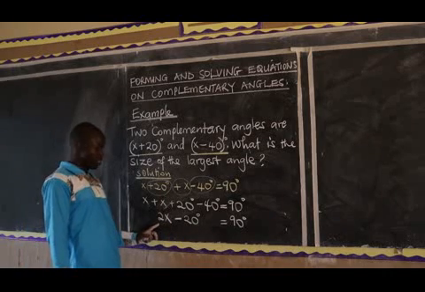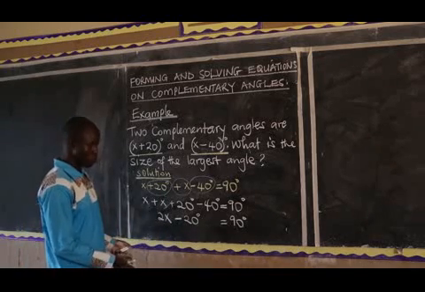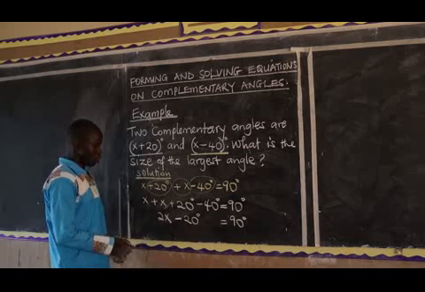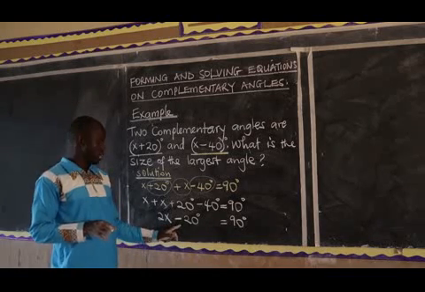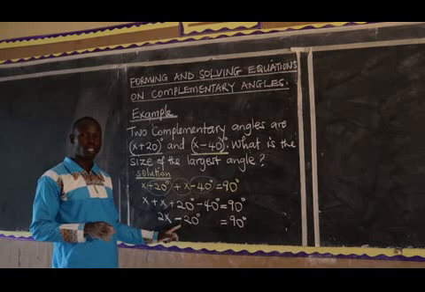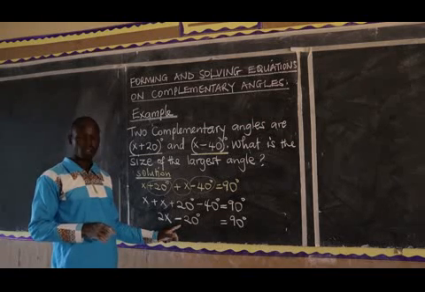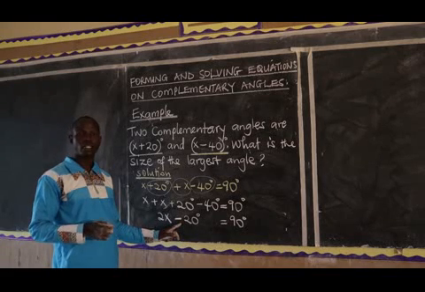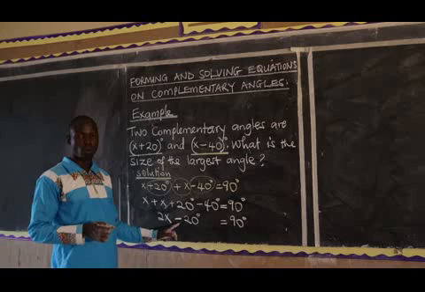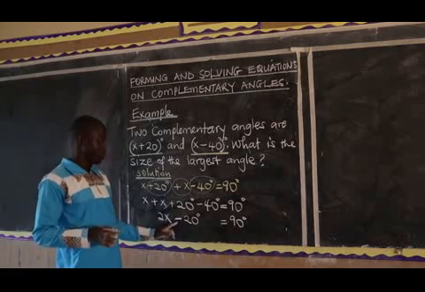Now, when we reach here, the next thing we do is to collect like terms. And in this case, we have to identify the additive inverse of negative 20 degrees. Can somebody tell me the additive inverse of negative 20 degrees? Well, good. It is positive 20 degrees.